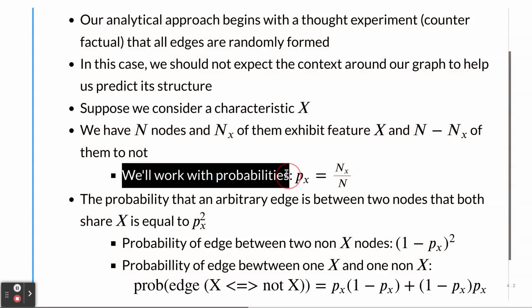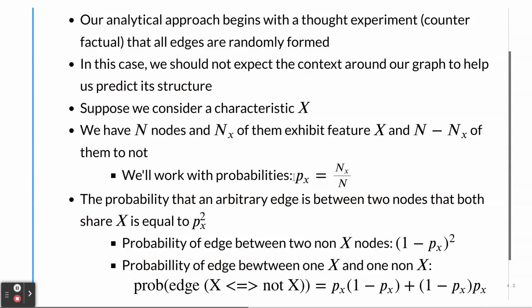We'll work with what we'll call probabilities, but really we're counting frequencies. And we'll say that p sub x is equal to n sub x, the number of nodes that have characteristic x, divided by the total number of nodes.